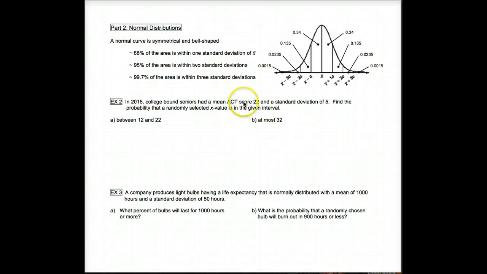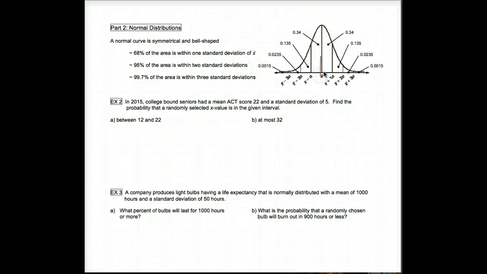So one thing is test scores are often based on a normal distribution. Here it tells you what a normal curve is. This is a picture of the normal curve. It's symmetrical and bell-shaped. 68% of the data is within 1 standard deviation of the mean.